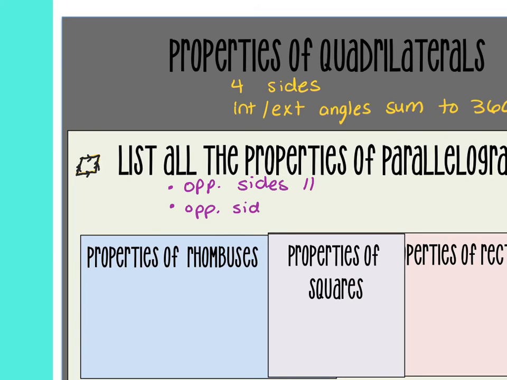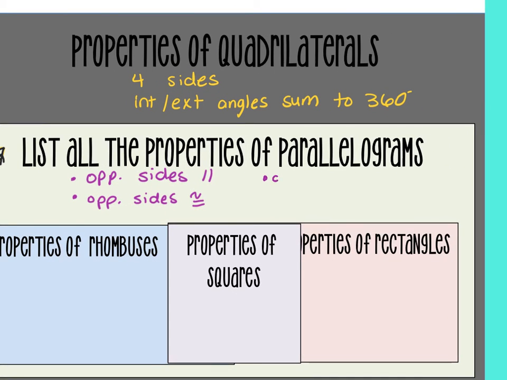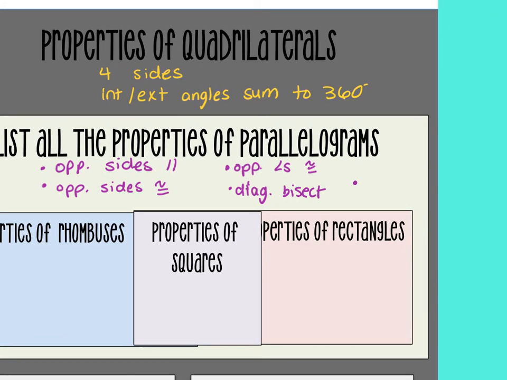Good. Then opposite angles are congruent. Diagonals bisect each other. And then one pair of parallel sides that's congruent, to prove it's a parallelogram. There's one more: the consecutive angles are something. Good.